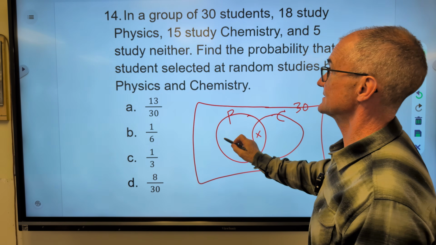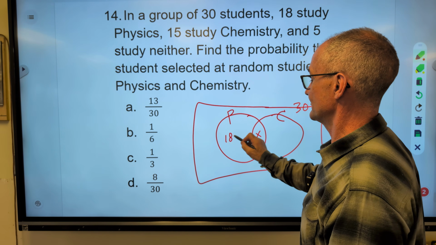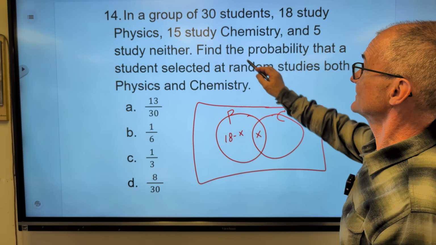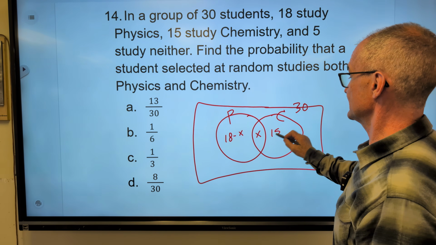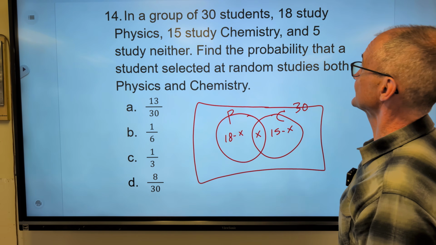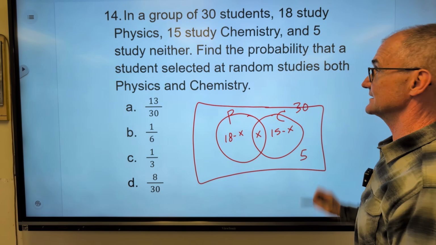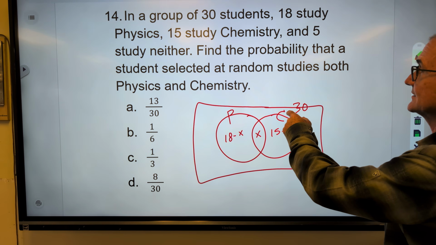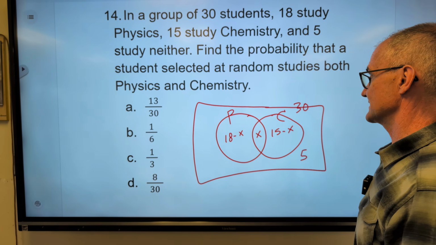So I'm going to call this 18 minus the intersection, the intersection x, 15 study chem, and 5 study neither. Find the probability that a student selected at random studies both physics and chem.